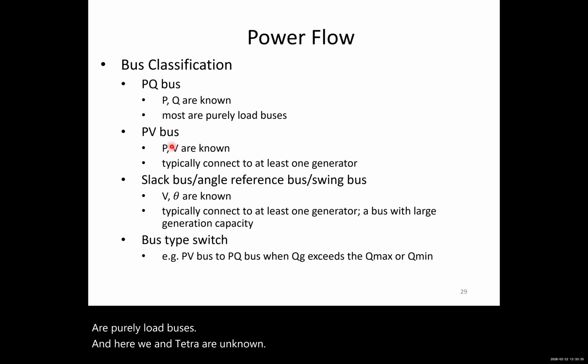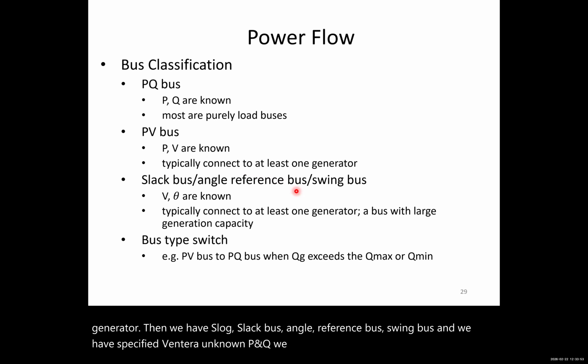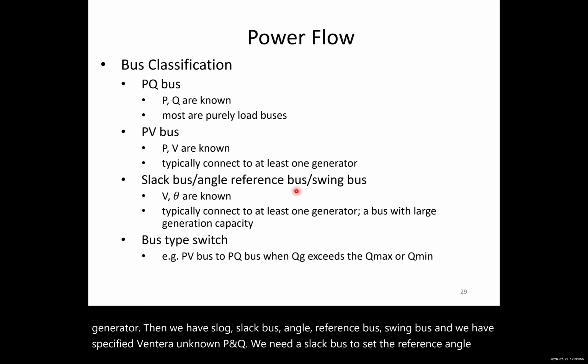Then we have PV buses. We have specified P and V, and we have unknown Q and theta. These are typically connected to at least one generator. Then we have slack bus, angle reference bus, swing bus, and we have specified V and theta, unknown P and Q. We need a slack bus to set the reference angle and absorb the mismatch due to losses.